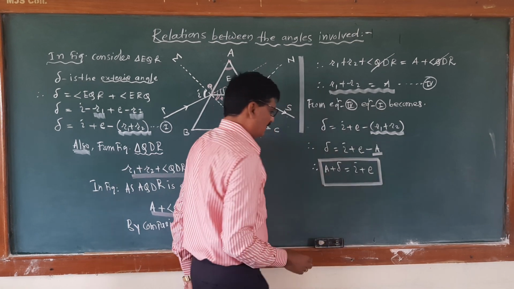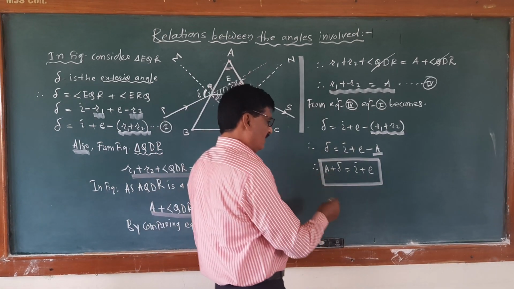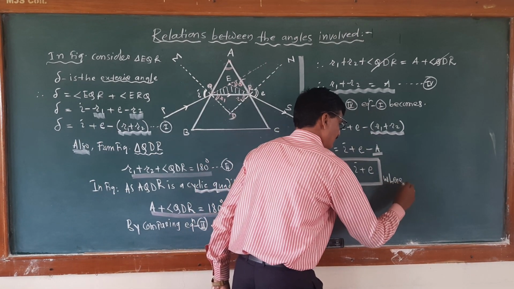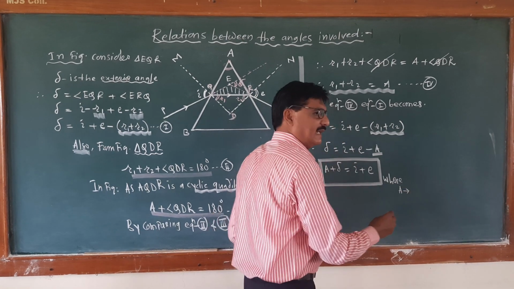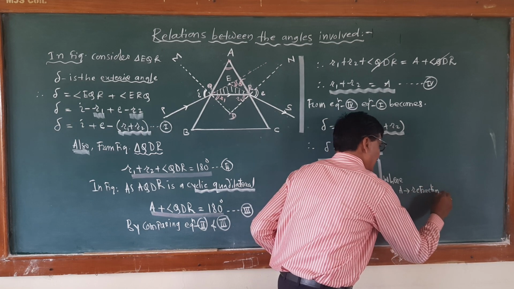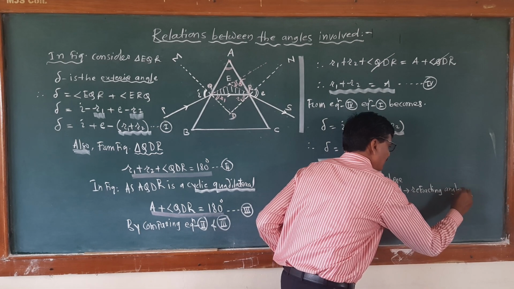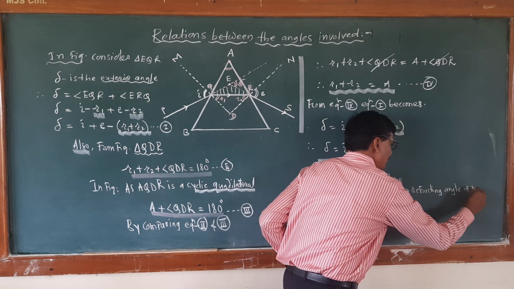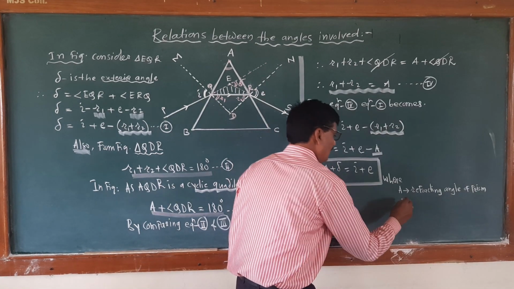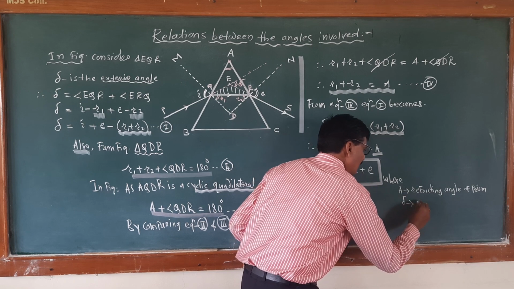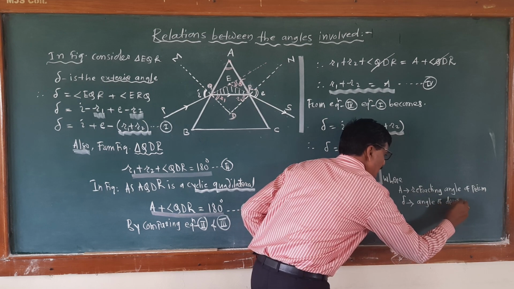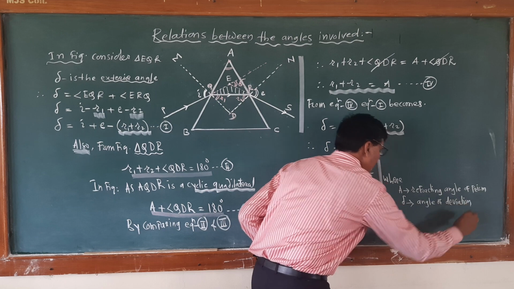From this equation, we understand the meaning of the different terms. Capital A is called the refracting angle of the prism. Delta is called the angle of deviation.